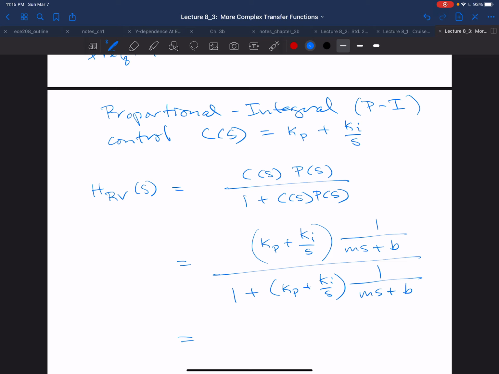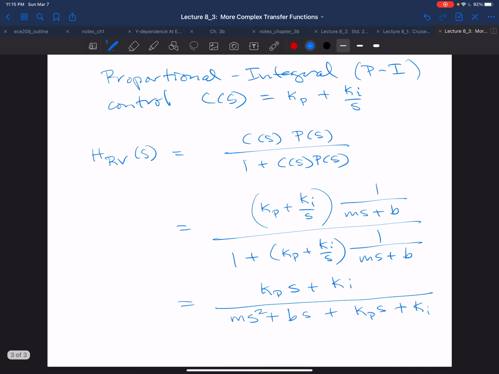Now, in this case, we're probably going to want to multiply numerator and denominator by s times ms plus b. Got an s in the numerator. We haven't seen that in any of the transfer functions we've studied so far. Downstairs, we will get ms squared plus bs plus kps plus ki, because we're multiplying not only by ms plus b, but by s.